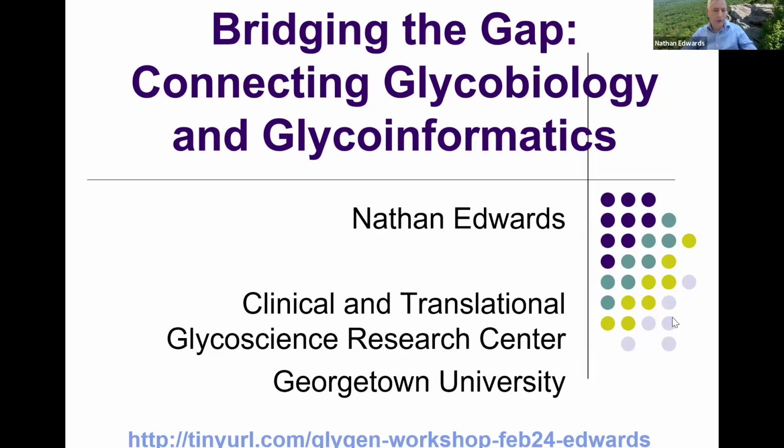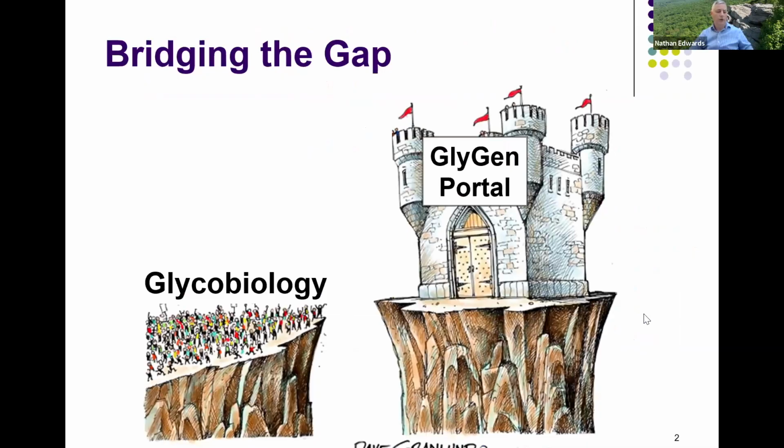Okay, so here is the concept that I'd like you to think about today, and that is that our various glycoinformatics resources often sit on a little island that's really difficult to get to.